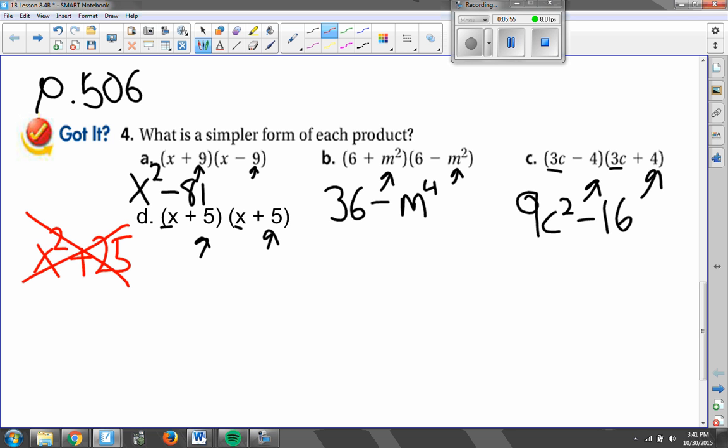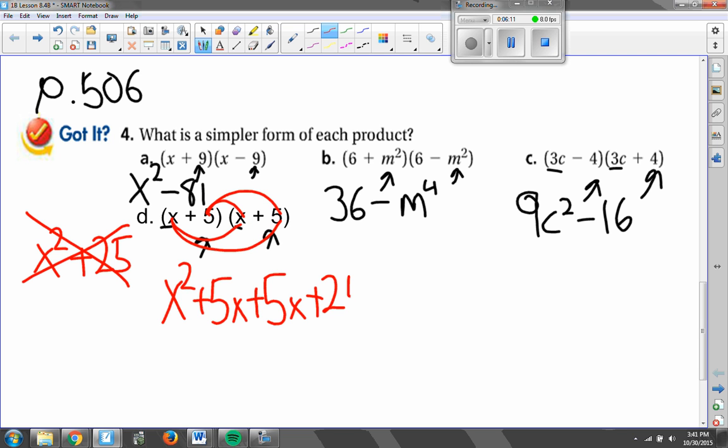In this case, I need to use my FOIL. First, outside, inside, last. X squared plus 5x plus another 5x plus 25. If I put those together, I get x squared plus 10x plus 25.